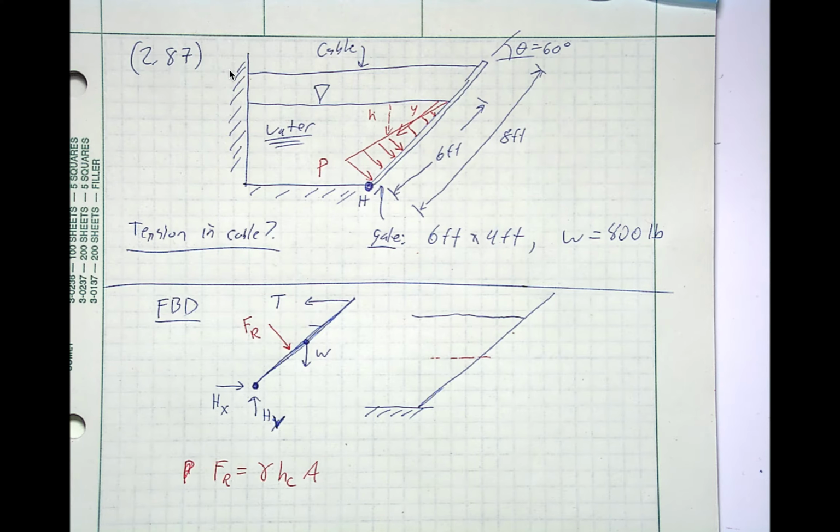Okay, I should be careful. For the magnitude of the force, you take the average pressure value, which is at HC. Its location, so for the moment arm, is going to be 2/3 down. And that's what we call the center of pressure. It's not at the centroid, but you take the centroid value to get your average pressure.